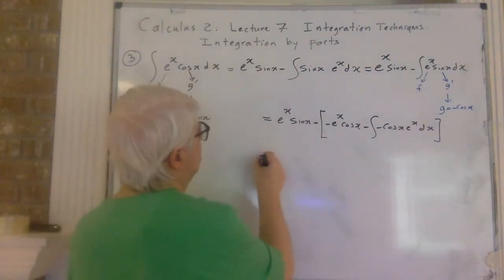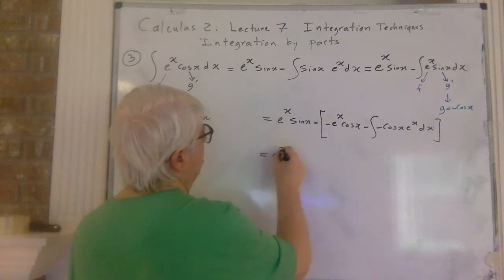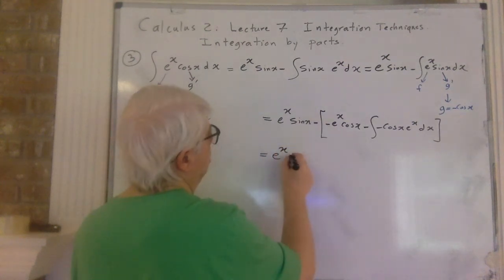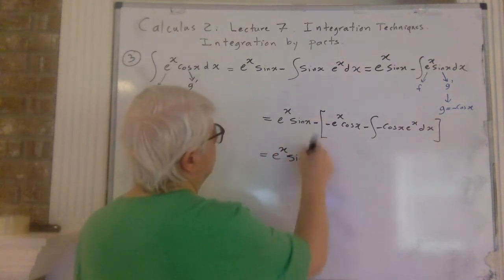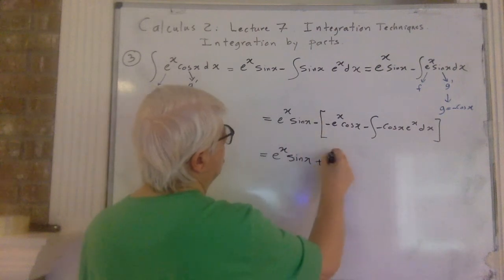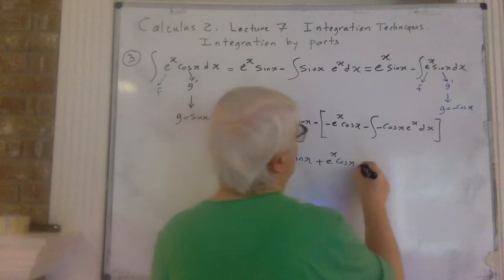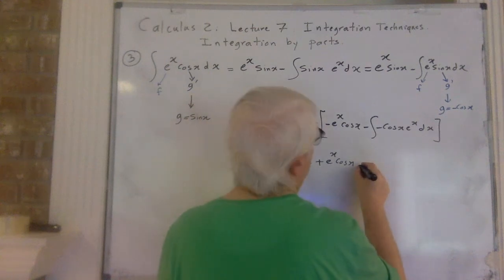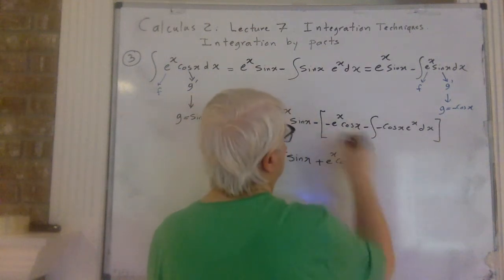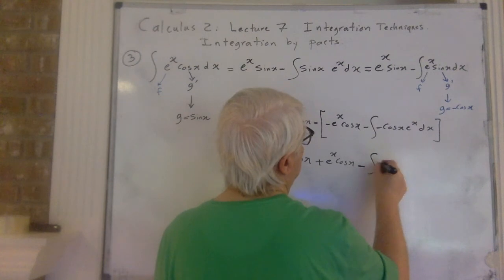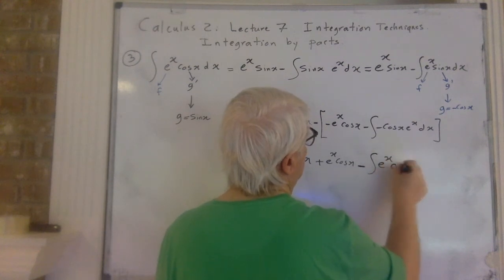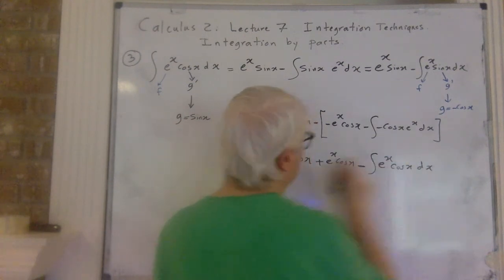But let's get rid of this bracket. Minus minus is plus, and then minus minus is again plus, and I have minus minus minus, that's minus the integral of e to the power x cosine x dx.